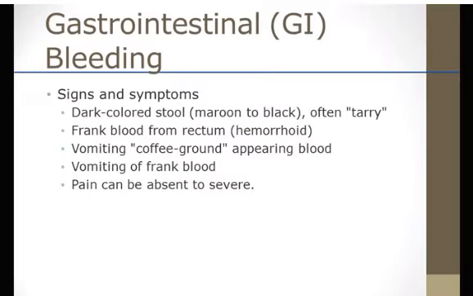It's oftentimes caused from what we call esophageal varices. Basically, that's like varicose veins in your esophagus. So these veins have become a little bit engorged and run the risk of rupturing. If they do rupture, it really is pretty dangerous.